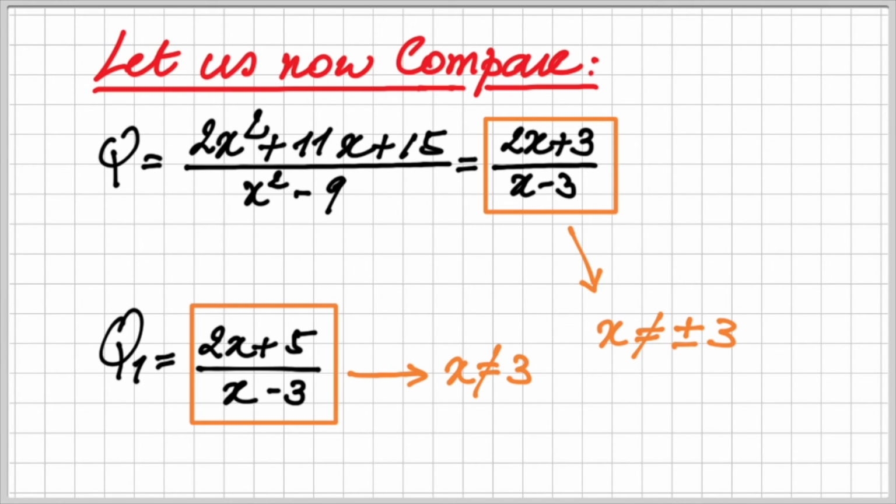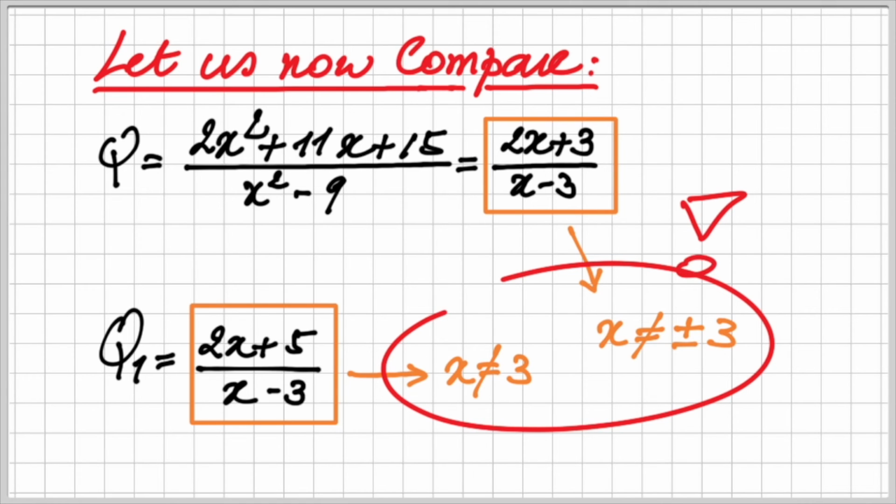And that's basically because we started from that original equation. And when you look at the two formulas, and when you start with the original formula, when you calculate, for example, in Excel, the values of 2x squared plus 11x plus 15, and you do the same for x squared minus 9, and then you do the division, then you will see that there are 2 points where x squared minus 9 is equal to 0 and where we have a division by 0.